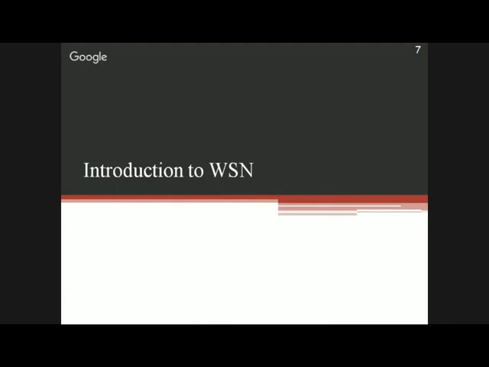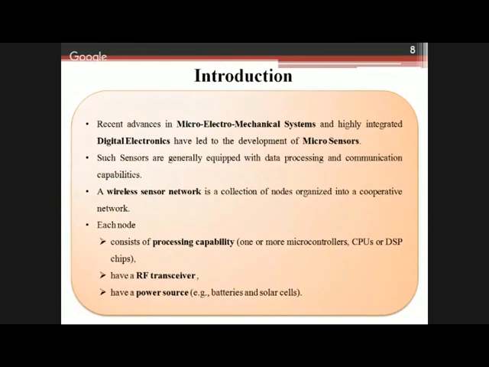What is wireless sensor network all about? So that's why I have emphasized the word micro electromechanical system. I have discussed this part, and of course highly integrated digital electronics, because whatever data I'm getting from the outside world, which is actually in analog form, I have to convert it into digital form, unless I do that I'm not able to apply any mathematical operations onto it.